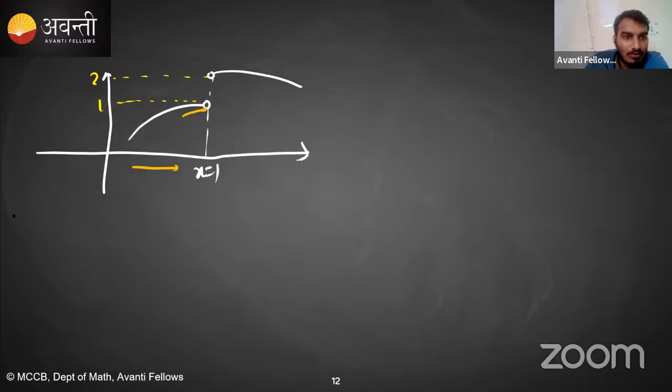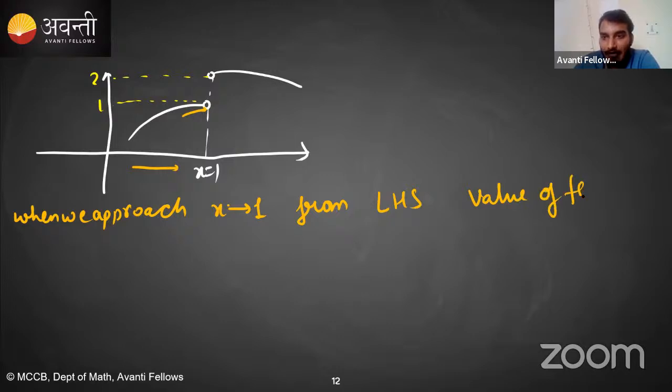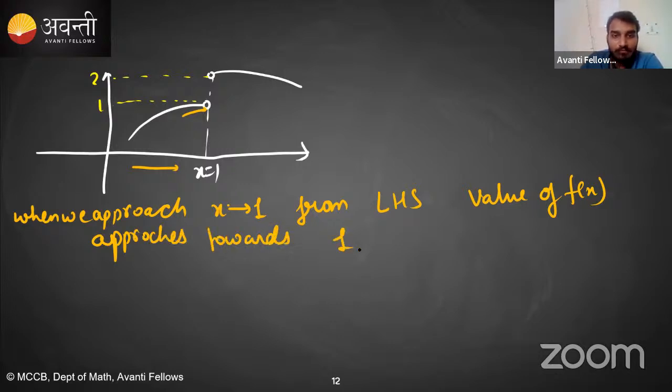So when we approach x equal to 1 from the left hand side, the value of f of x approaches towards 1. But if I approach the function from the right hand side, the value of the function is approaching towards 2.